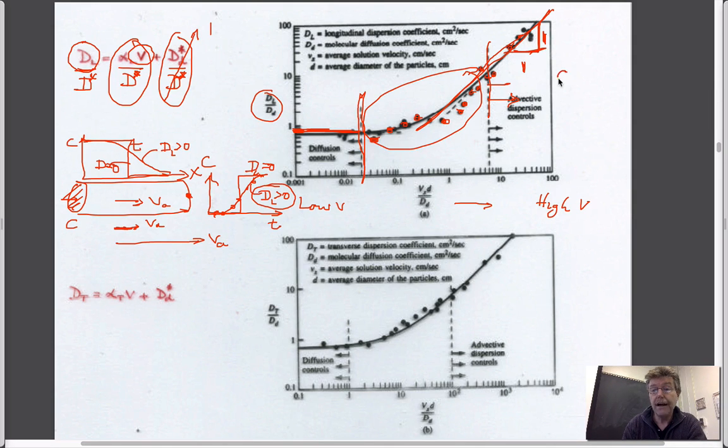So these would be gravels and maybe fractured rocks. And these would be clays. These diffusion coefficients in an absolute sense would be close to molecular diffusion coefficients, which we've said are very low, maybe 10 to the minus 9 meters squared a second.